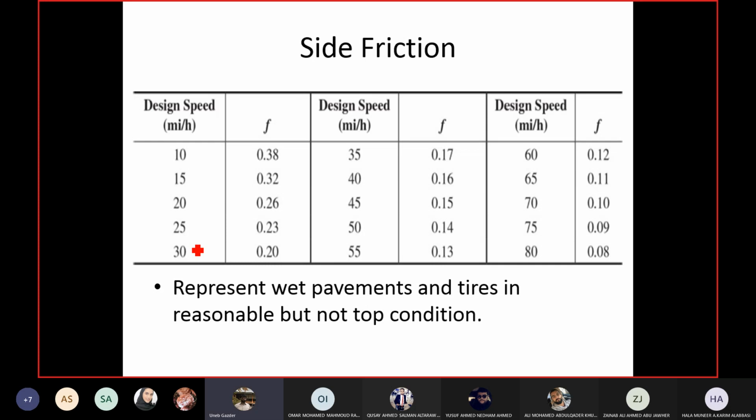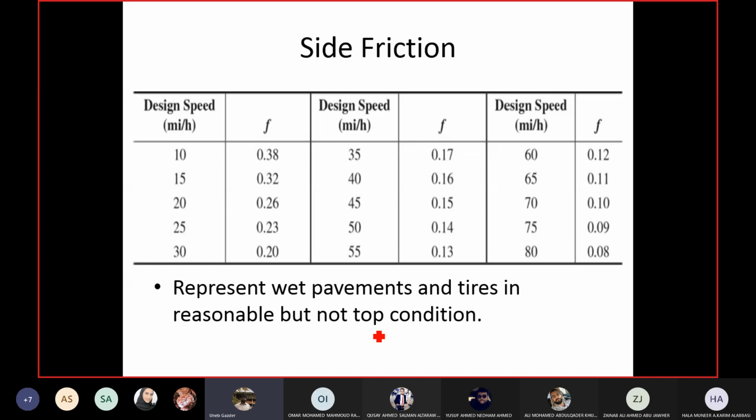These f values are given for wet conditions, wet pavements, because in wet pavements the friction is less, so they become a worst case scenario. They are assuming that the tire and the pavement are wet, but not completely wet. Let me put it this way, they are saying not top condition wet. Top condition wet means what?